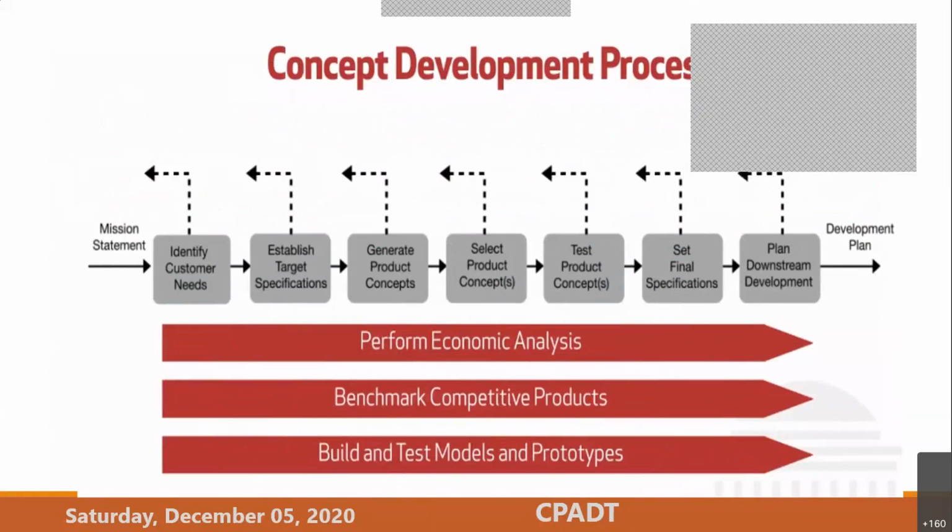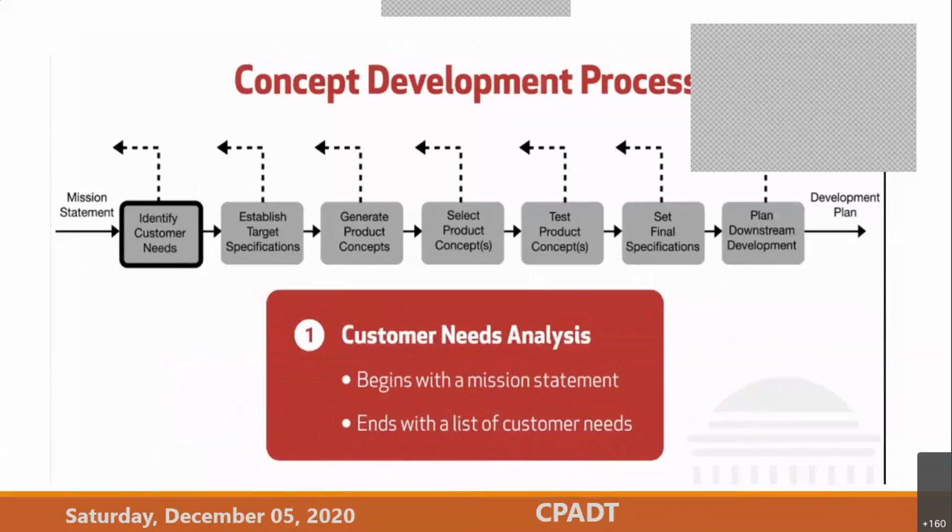Now, this is where I try to see whether the solution I am coming up with is economically feasible, and whether I am competitive with all the other existing products in the market. And I try to build and test models and prototypes in this process. So customer need analysis is where you begin with a mission statement and end with a list of the customer needs.